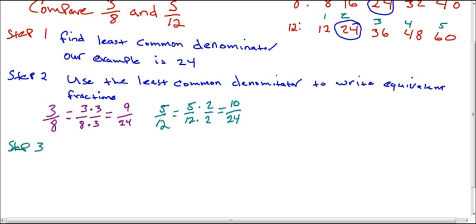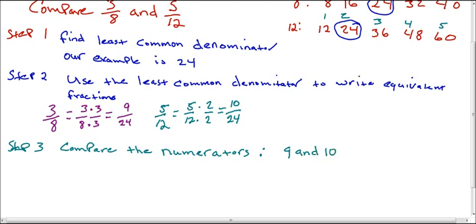So now step 3 says we need to compare only the numerators. Okay, so we're comparing the numerators, and our numerators are 9 and 10.